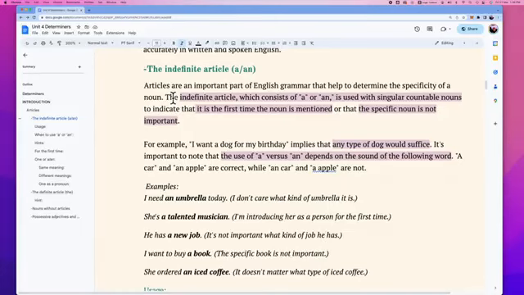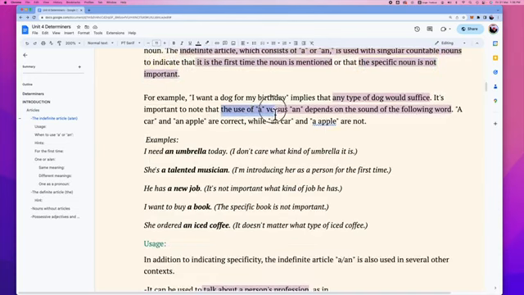Articles are very important in English grammar. For English nouns, we have either countable or uncountable. The indefinite article A or AN applies to countable nouns that have only one, which we call singular countable nouns. It is used for the first time the noun is mentioned, or when a very specific noun is not important.